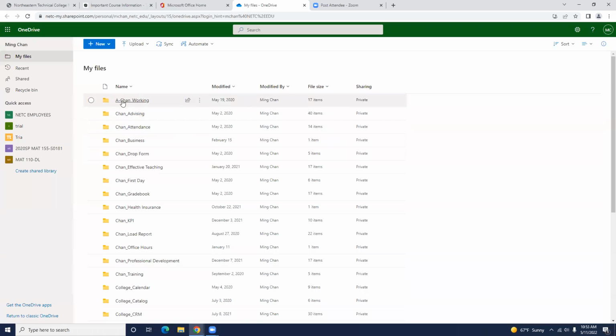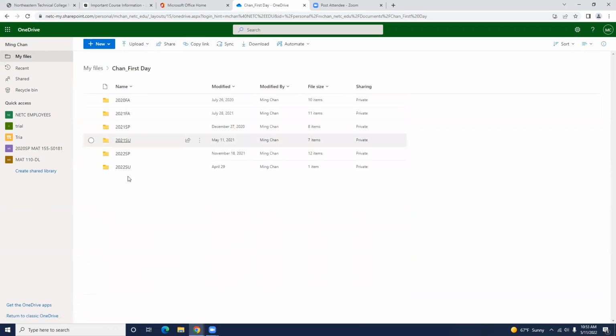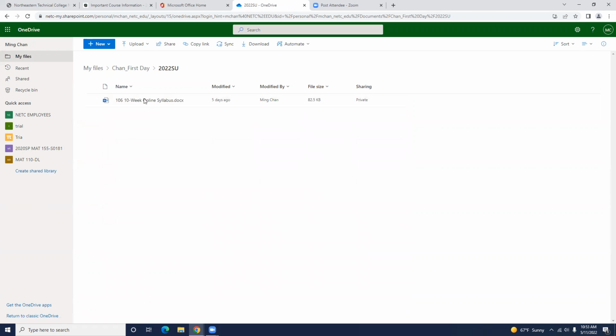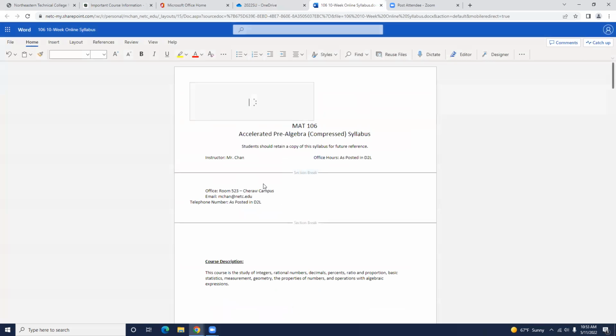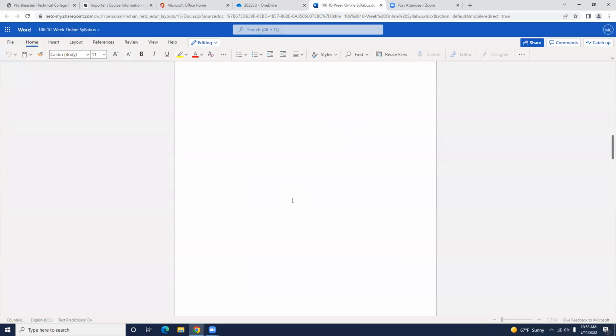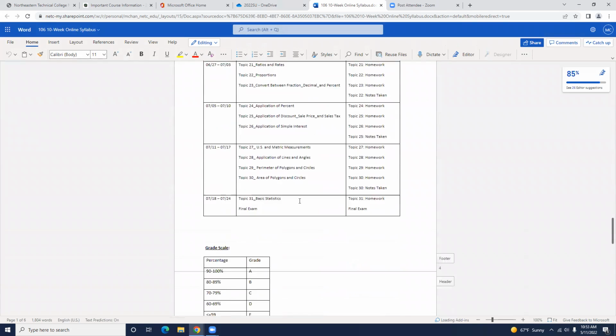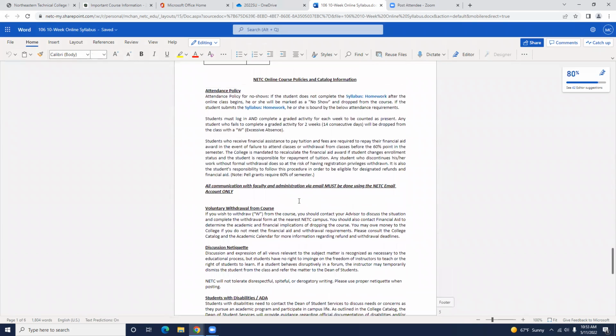I will change that in D2L. Let's take a look at this. I'm just going to pick a class here. All the attendance policies are the same.